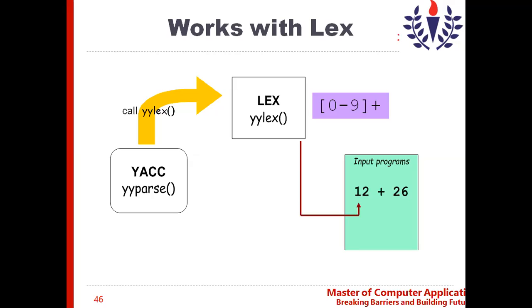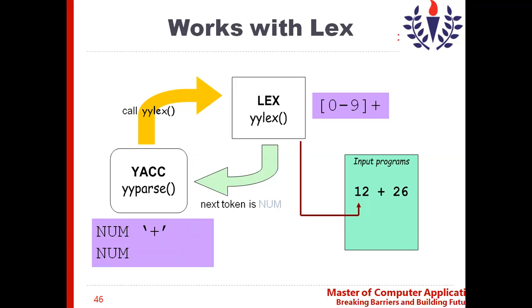It is recognized as a number using the pattern. Then from Lex, it can return the token. What token is returned? NUM. So NUM holds the number 12, and it will be returned to Yacc.